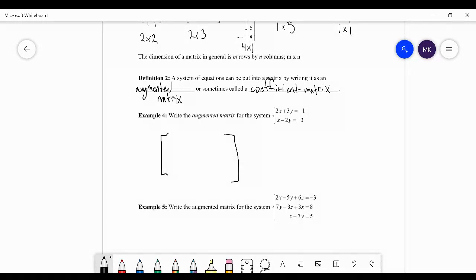It doesn't really need to be this big. Each row represents an equation. So I'll say this is equation 1, equation 2. Then each column represents the coefficients of a variable. And then the final column is the equation's result.